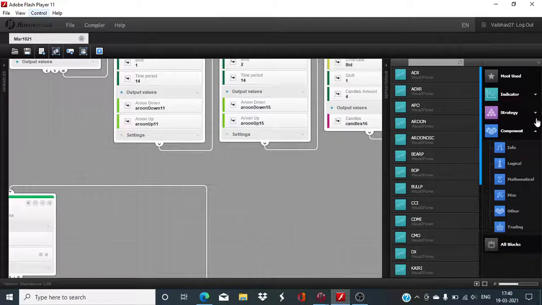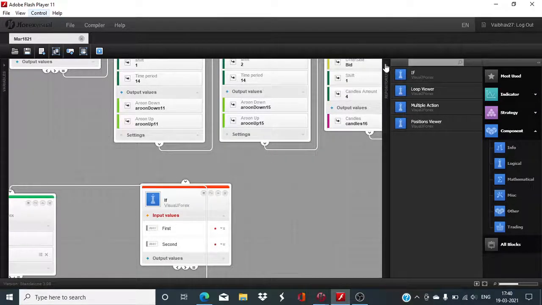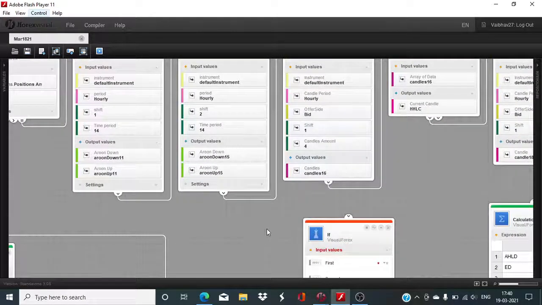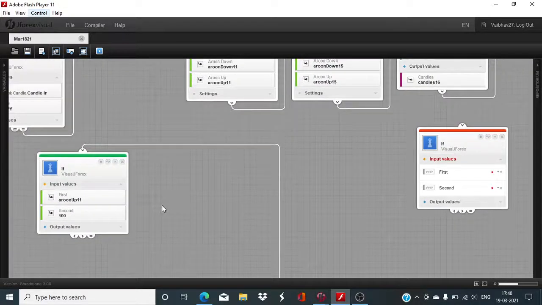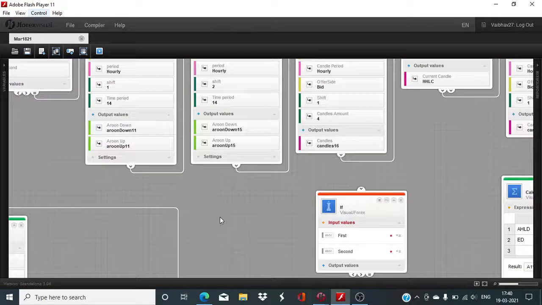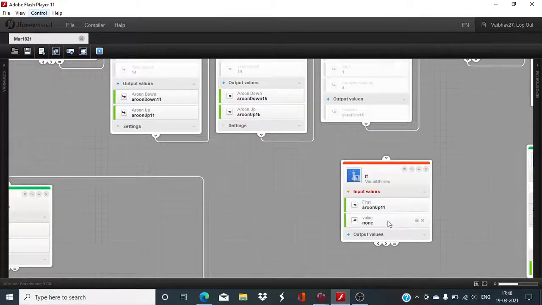Now we will go back to adding logical blocks. So here we need Aroon up to be equal to 100. Aroon up for the last hour should be above the Aroon down. So here we use both of these values.